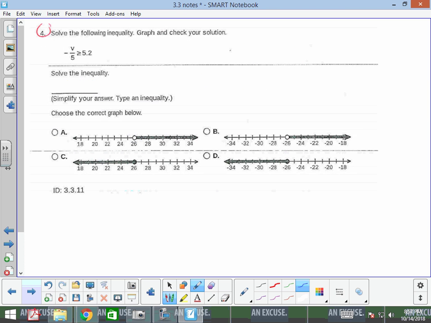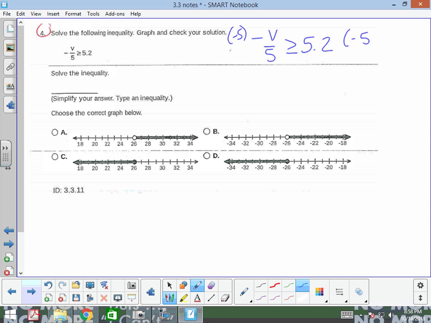All right, number 4. You still get to use a calculator, so I don't really mind that at all. Just be careful on the trap. So here we have a negative V over 5. We're going to multiply both sides by negative 5. A negative times a negative is a positive, and 5 divided by 5 is 1.